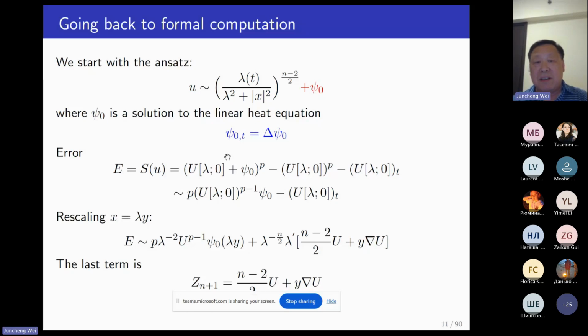We compute the error. It's the same as in dimension 5. This is a formal computation, and we get two terms. The first term is the error from the outer problem, and the second term is the scaling. I call it Z_{n+1}. So this is the same as dimension 5.